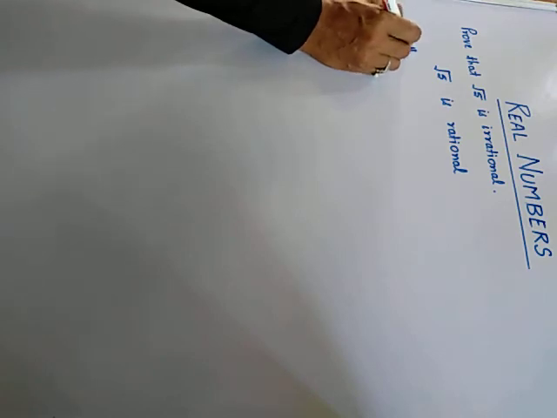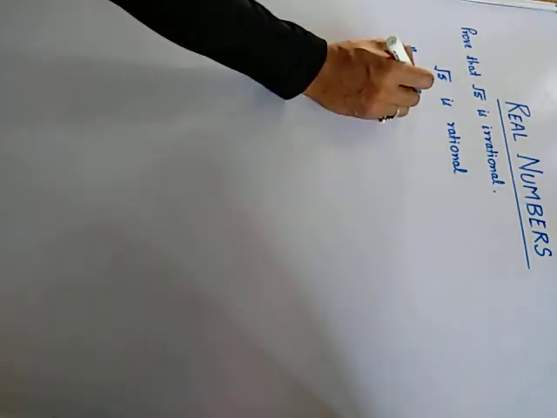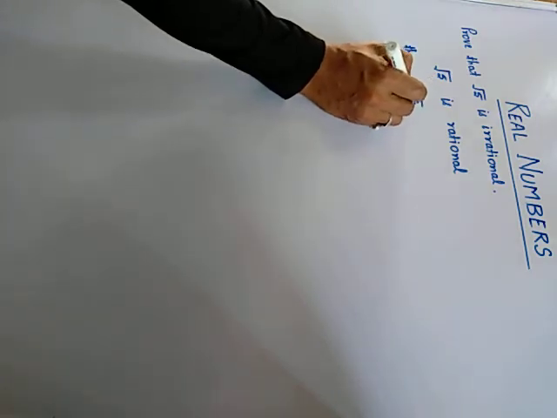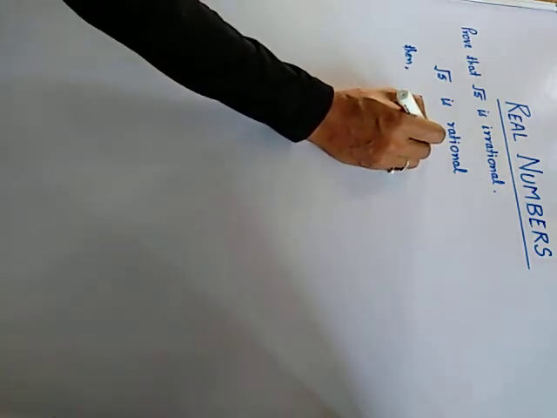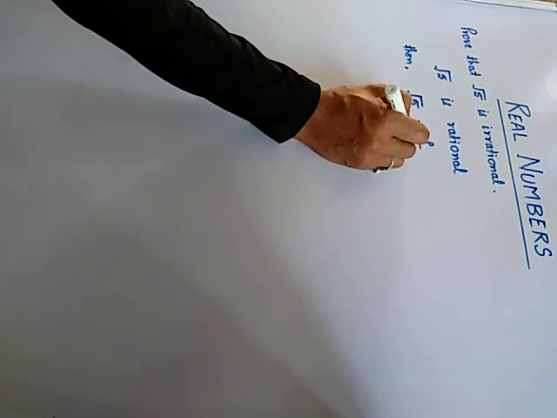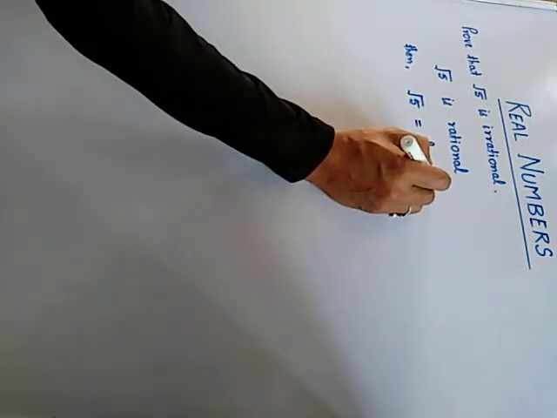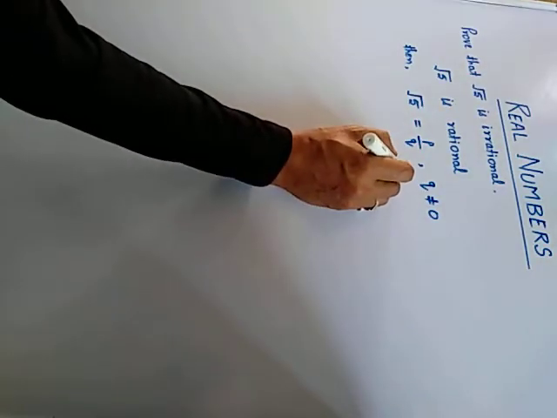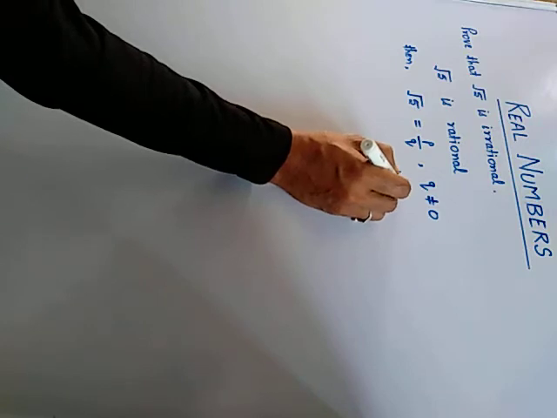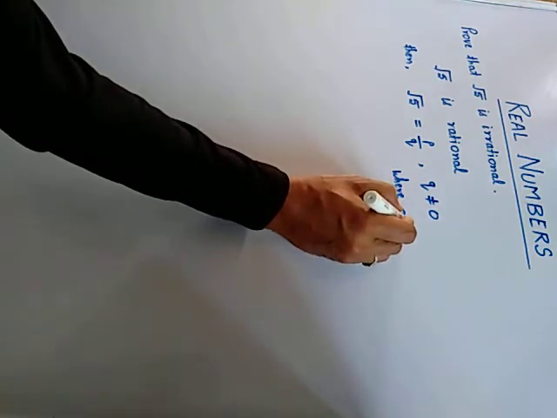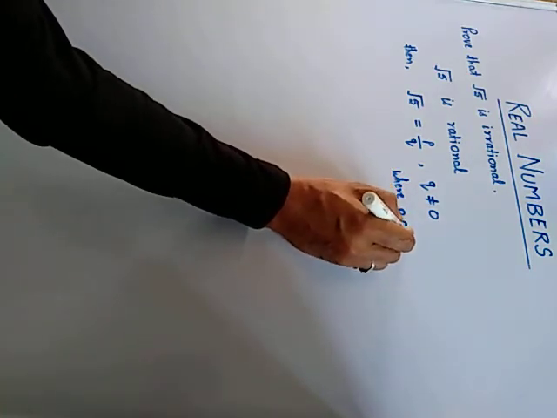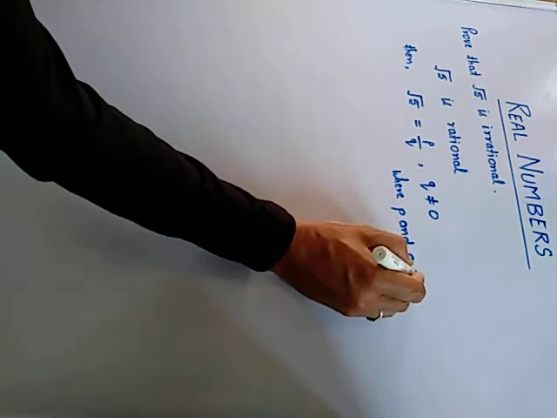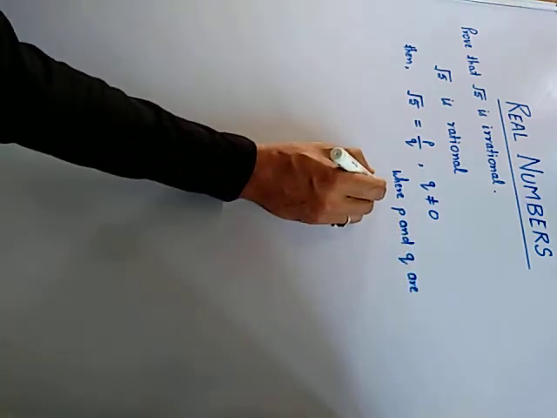And if it is rational, then we can write root 5 in the form of p upon q, where q is not equal to 0, and the important part, where p and q are coprime.